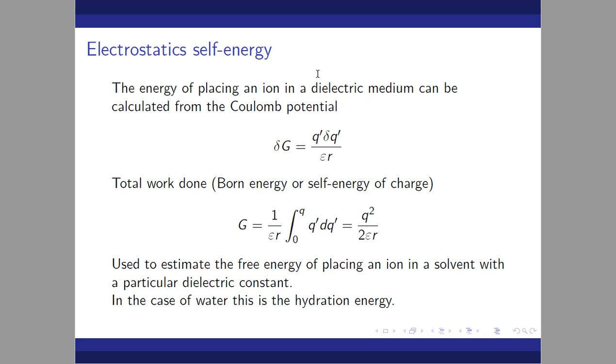So the energy of placing an ion in a dielectric medium can be calculated from the Coulomb potential. Delta G equals the integral of Q prime dQ prime over epsilon R. So the total work done, or Gibbs free energy, is the integration from 0 to Q, which gives Q squared over 2 epsilon R. This is the potential energy for this ion.